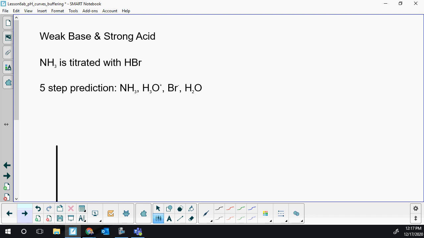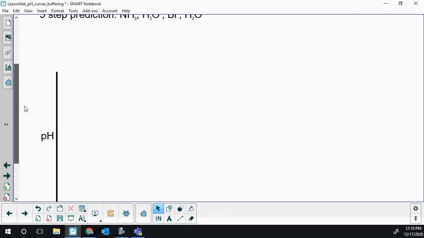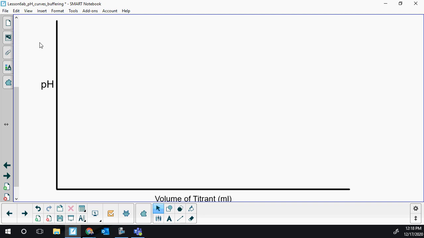As a general category, this is going to be a weak base titrated with a strong acid. Specifically, I'm going to be looking at ammonia being titrated with hydrobromic acid. I'm just going to pull that pH curve up and then give you a chance to get everything written out.